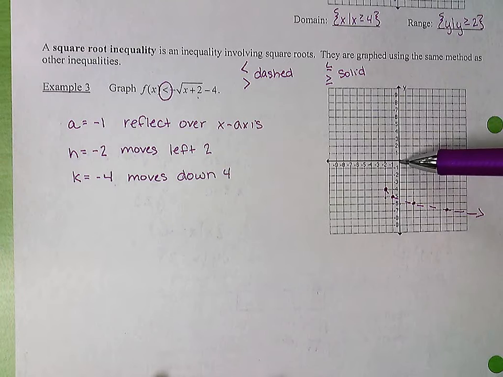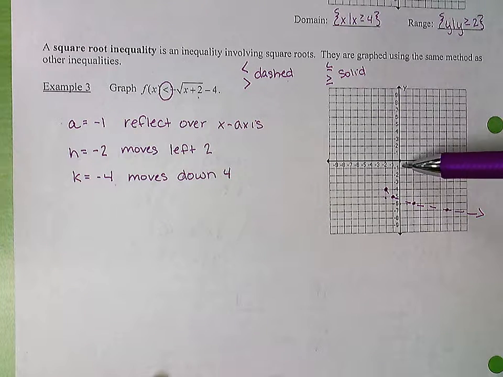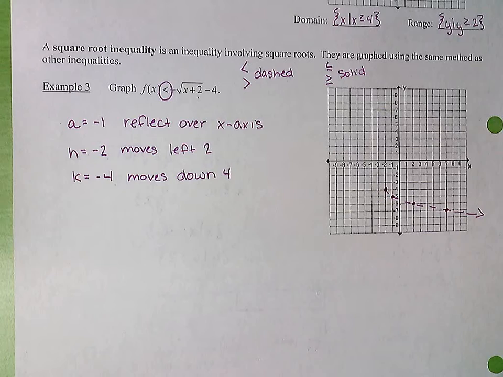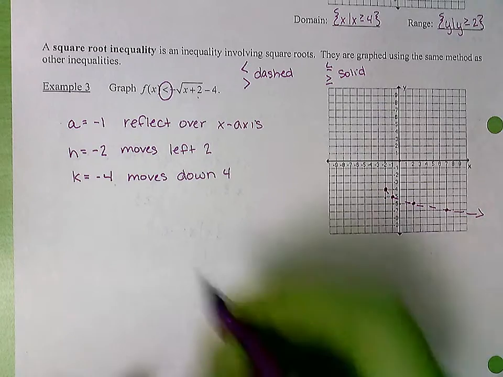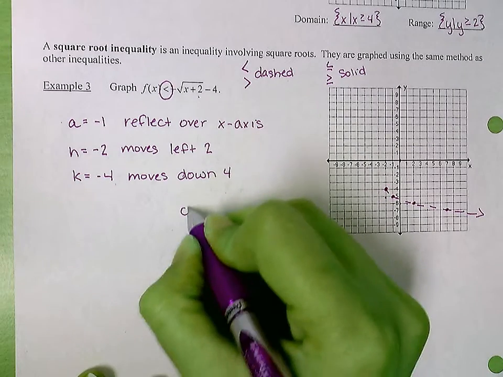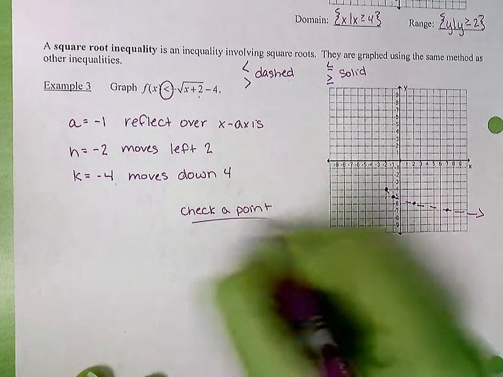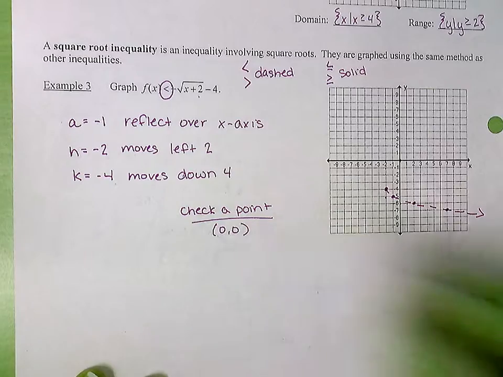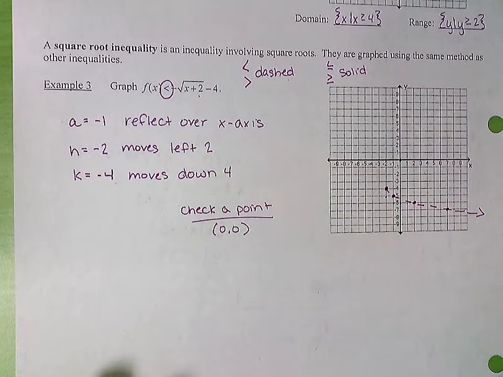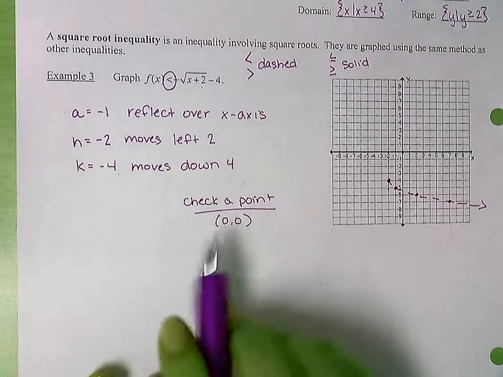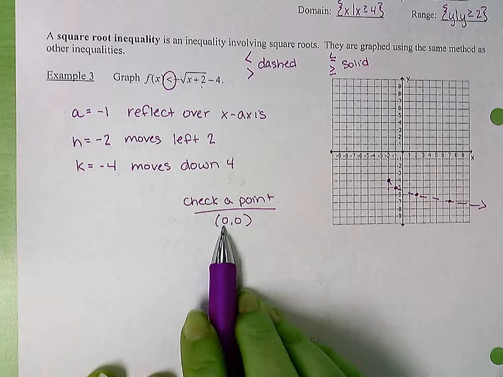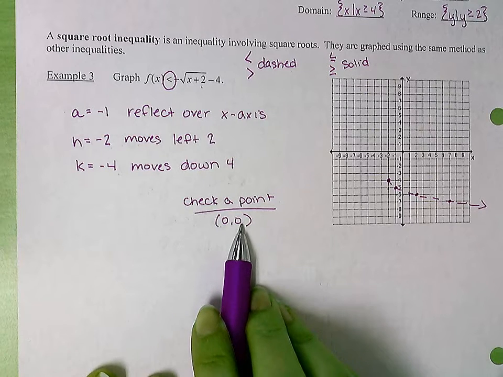Let's do above it. So I like to pick 0, 0 if it lies on my graph. I'm going to plug in 0 for x and 0 for y. F of x is y.